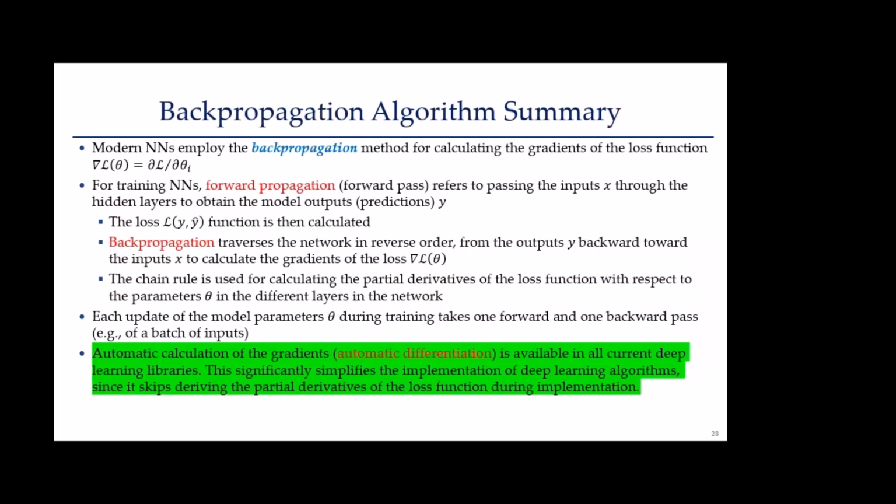To summarize, most neural networks use the backpropagation method for calculating the gradient of the loss function. During the training, the forward pass is used to compute the weights and the output at each individual node. Then we use the loss function to compute the loss between the target and the produced output at the output layer.